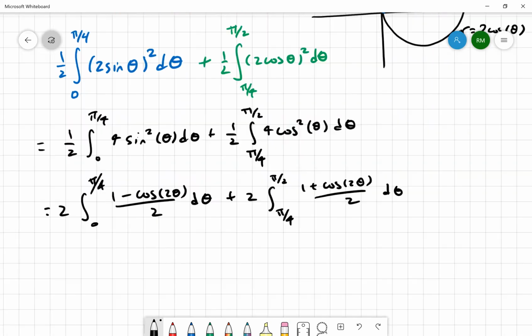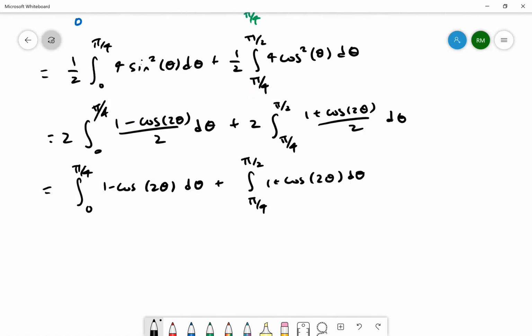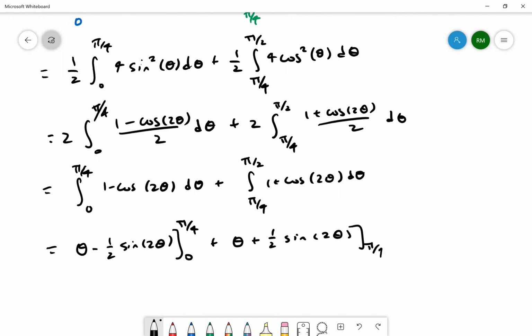And we'll multiply through again just to clear our denominators. And now it's time for the integral. And now we have to plug a bunch of things in.